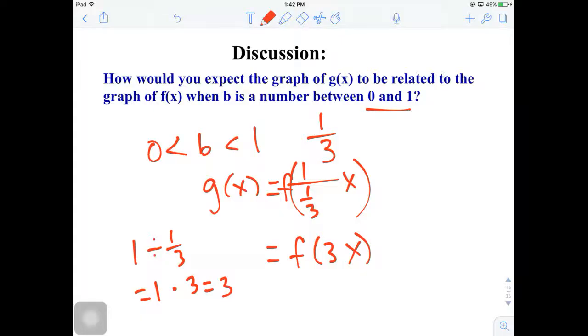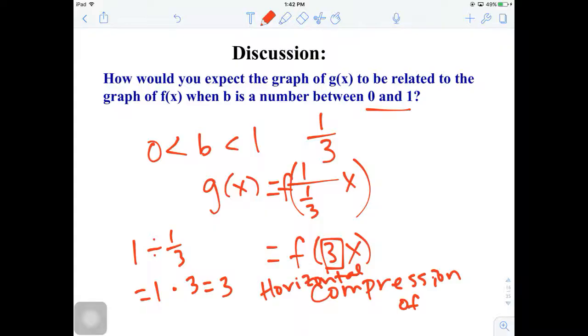So it's f of 3x in this case. And in this case, the conclusion is that the transformation is going to be a horizontal compression by a factor of 3. Okay, actually a factor of 1/3 because that is less than 1.